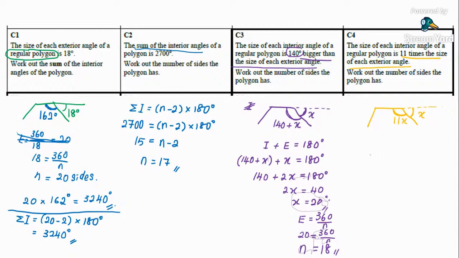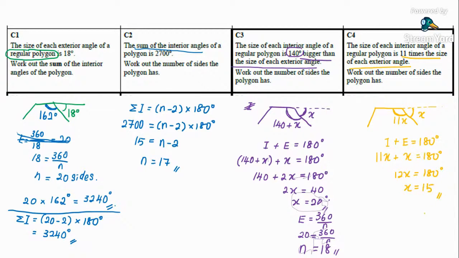Here again, we can see that I plus E must equal 180, as we mentioned before in part A. So 11x plus x equals 180, and 12x equals 180, so x equals 180 divided by 12, which is 15.